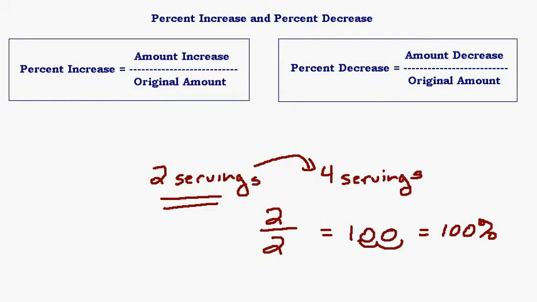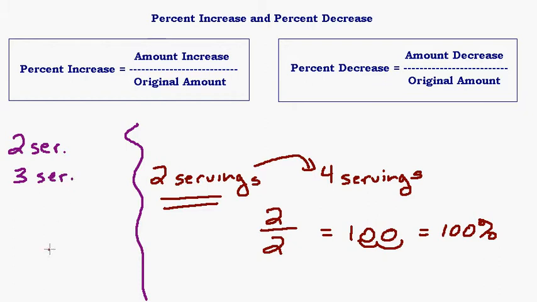Okay? It's 100% increase. If, let's say, you would have increased from 2 servings of vegetables to 3. Can you do that in your head? What would that be? Here we go. If you went from 2 servings to 3 servings.